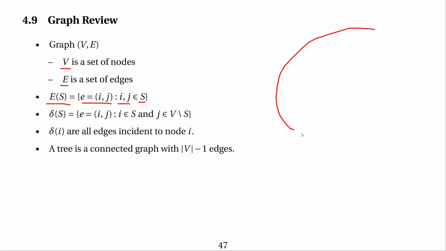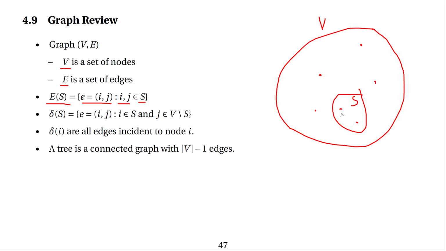So if we have here the set of all nodes, so there can be nodes everywhere, and this is V, then we have some subset S. Then E of S are all the edges of the graph that are connecting nodes inside the subset.